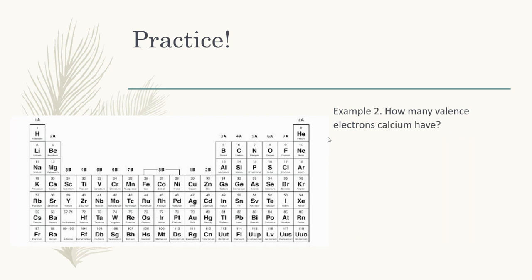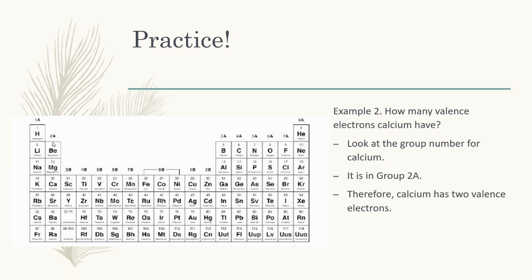So how many valence electrons does calcium have? First off, we need to find calcium. If you remember, calcium is right here, Ca. You look at the group number, we go up to the top, it says 2A. That means that calcium has 2 valence electrons.